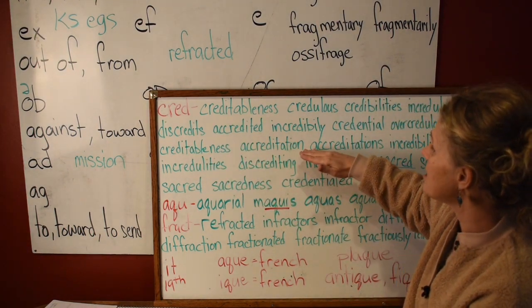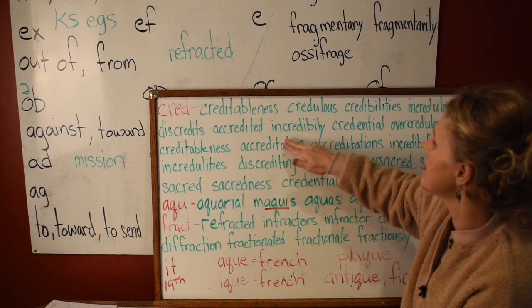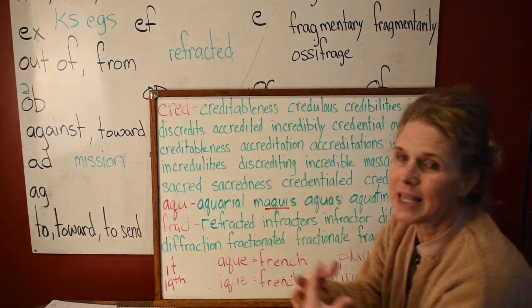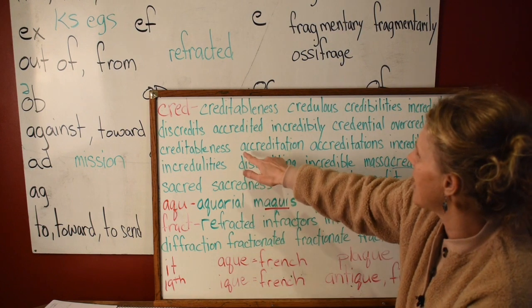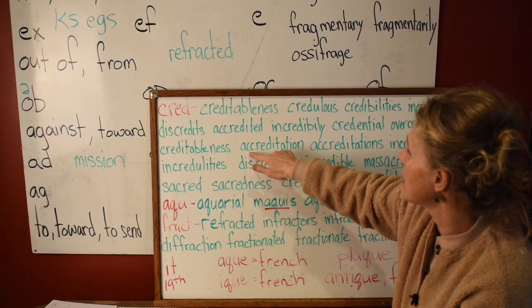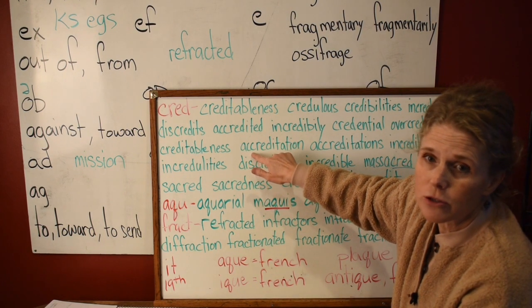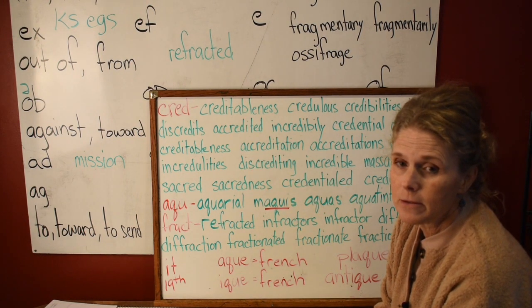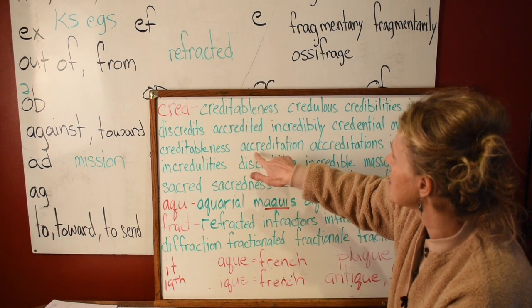Now, accreditation. TION is a state of being. You are now being sent to something, to, toward, to send. See how this has now changed. Double C's. Why are there two C's here? Because one belongs to the prefix, one prefix and one to the root.